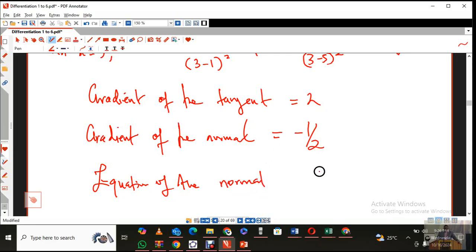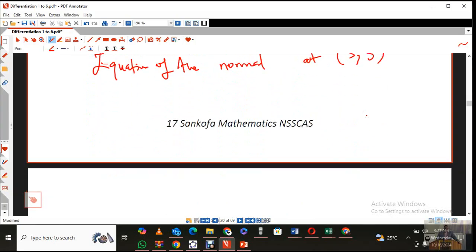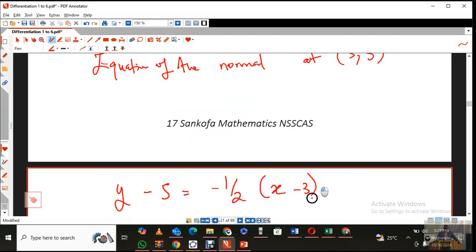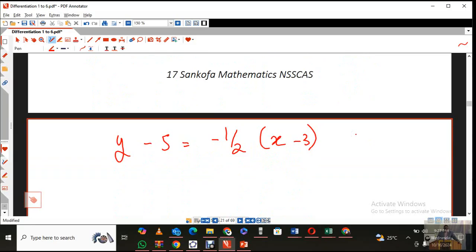can be calculated at that point (3, 5) that we were given, would be y minus 5 equals the gradient, which is negative a half, times (x - 3). So when we clean this up, y minus 5 is equal to negative a half of x.